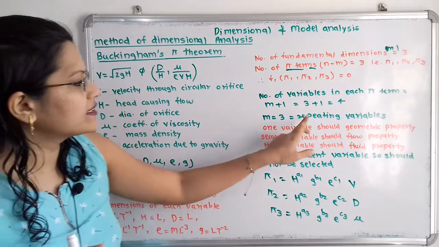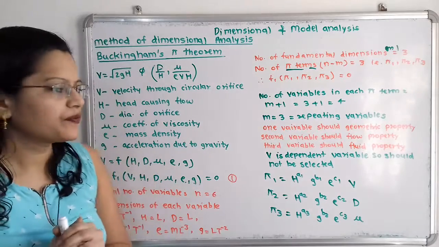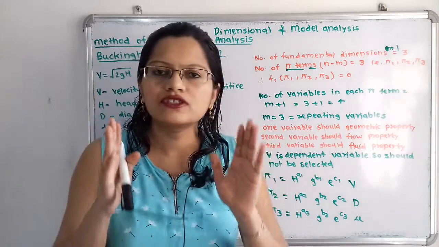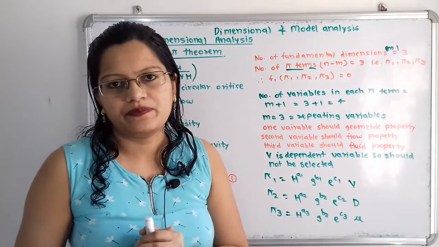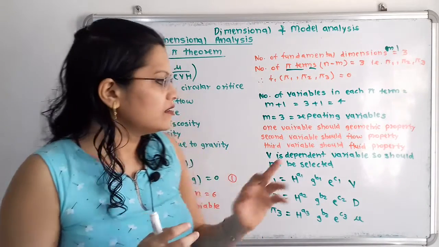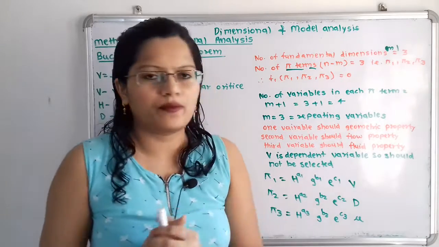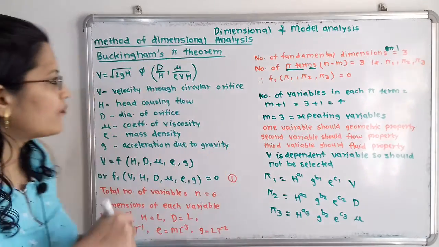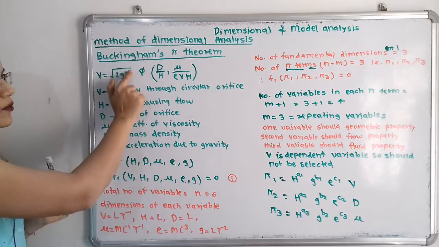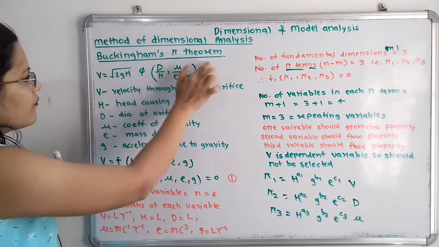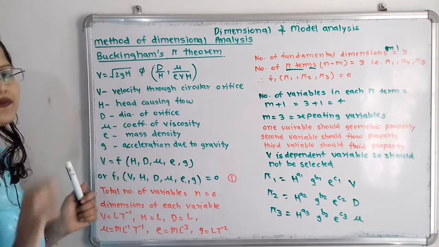So how can we decide these repeating variables? One variable should be a geometric property, the second a flow property, and the third a fluid property. Now we have to find out which is the geometric property, flow property and fluid property out of all these variables.